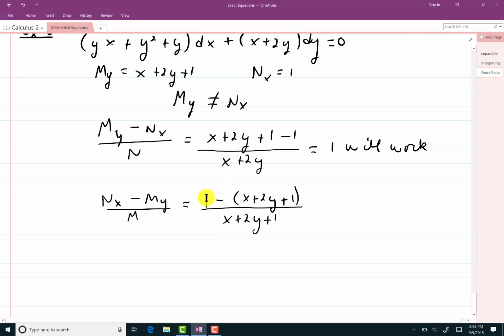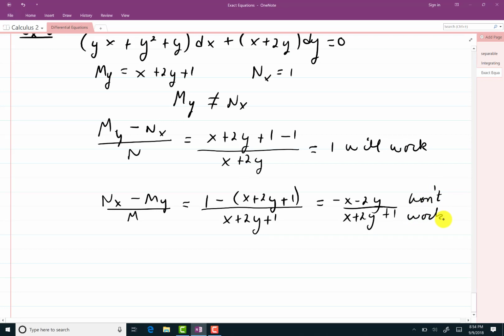And I can tell this is not going to work. The 1s will cancel, and we'll end up with negative x minus 2y all over x plus 2y plus 1. And you can see this one won't work.